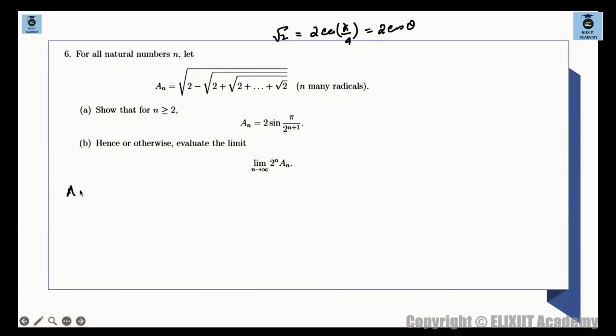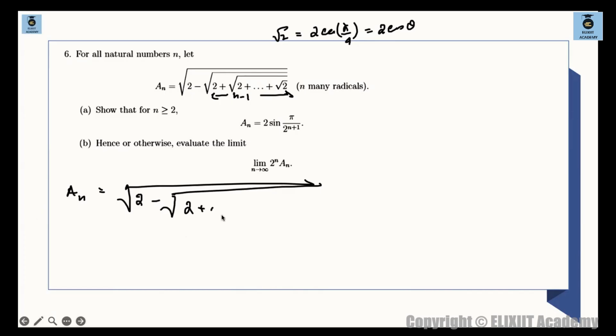So for the first time, we'll simplify these radicals over here. Not n many, n minus 1 many. These are n minus 1 radicals, except for this remaining minus sign. We'll simplify this first, starting with 2 plus 2 and so on, till under root of 2 plus 2 cos theta. The first time we are having cos theta, I'm writing this as cos theta.